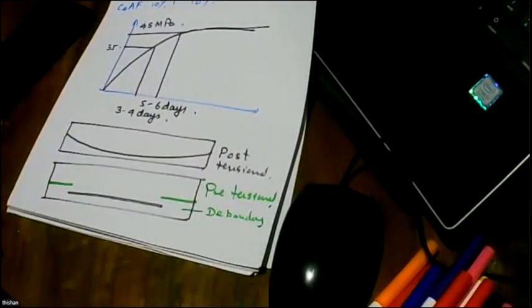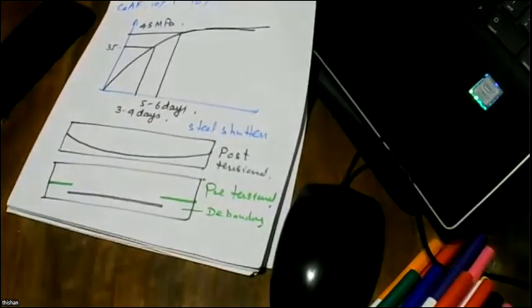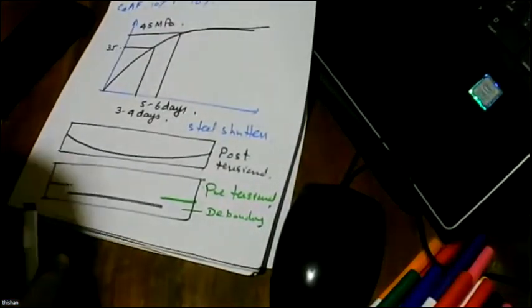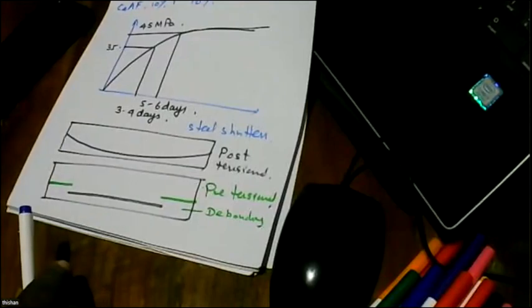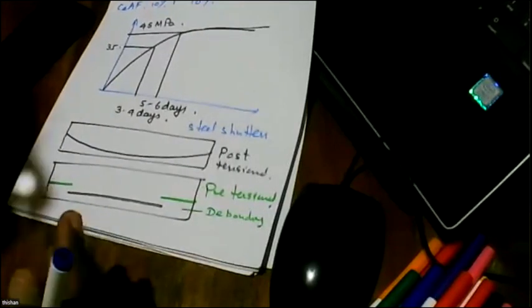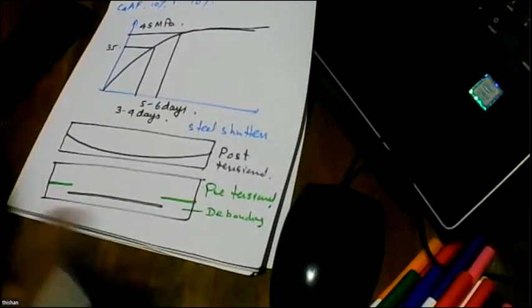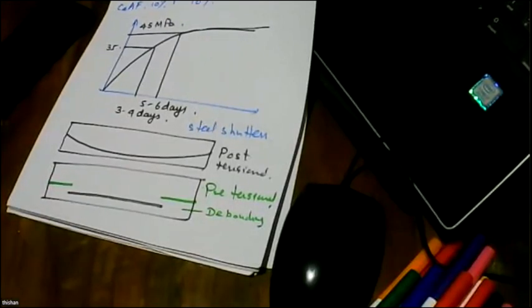Whatever it is, we are using steel shutters here, because we need a good finish. We generally use steel shutters. Steel shutters are very expensive, so we like to finish this operation as early as possible, remove the shutters and move the beams out of the way, so that we can start casting the next batch, right?